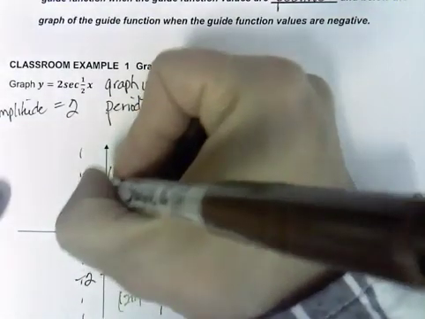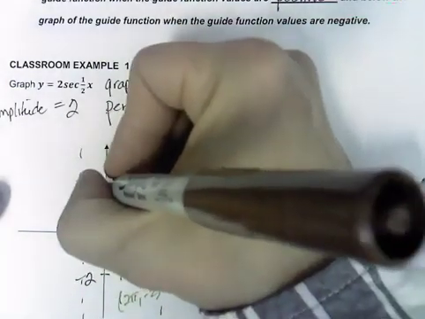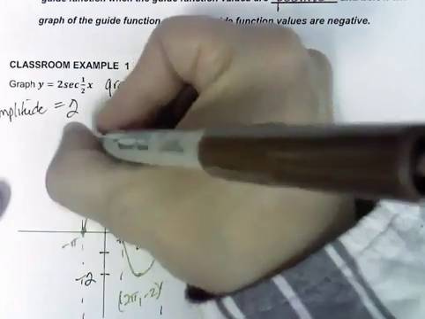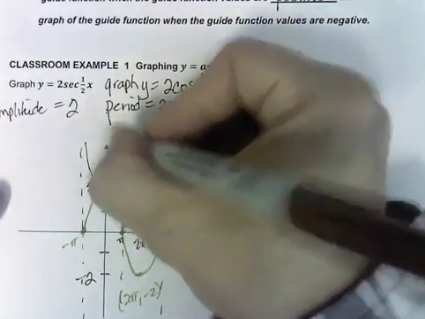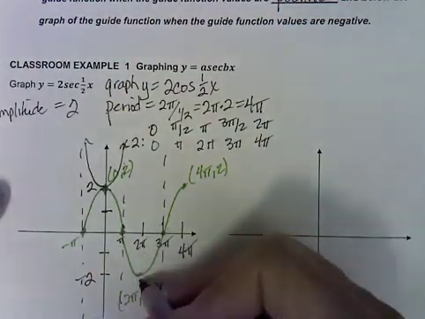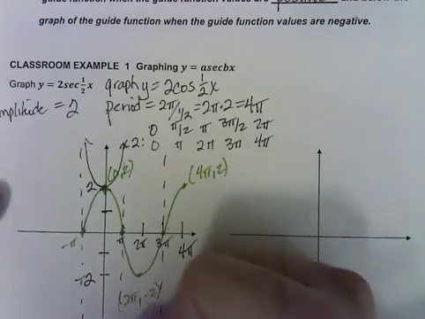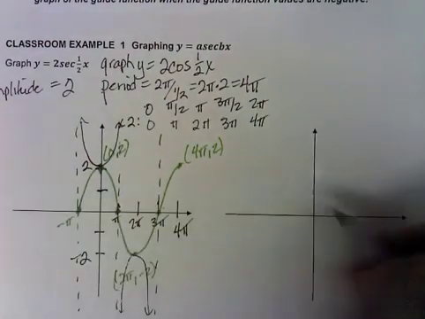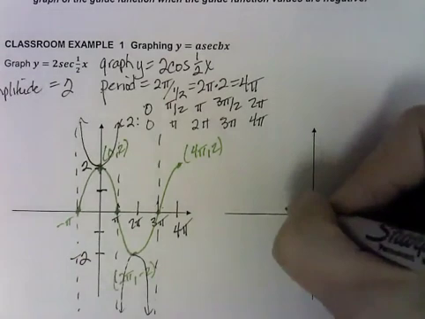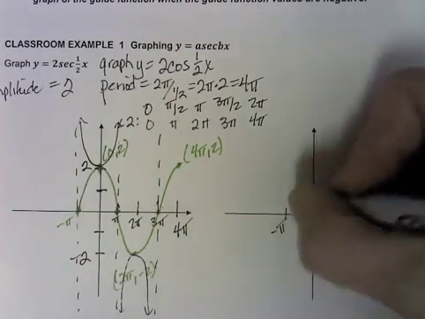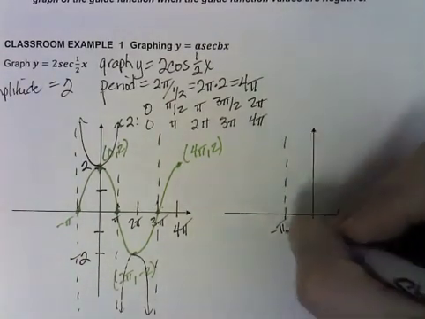After that, it's just a question of taking my graph and flipping it. So this part is going to flip up and make a branch going up like this. This part is going to flip down and make a branch going down. Now I'm going to go over here and draw this a little bit better. So I'm going to put in my vertical asymptotes as dotted lines.